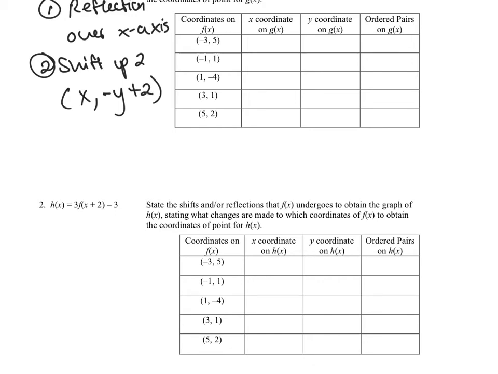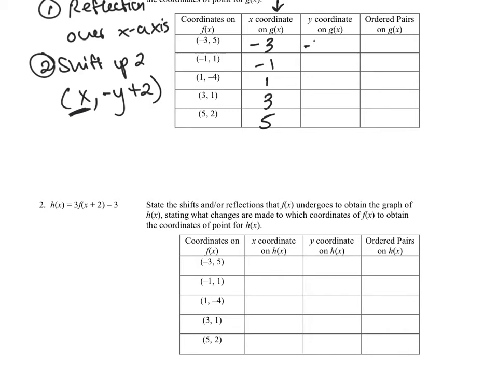Now, the x coordinates, looking at this right here, well, it's still the same for g of x. So all of our x coordinates will be negative 3, negative 1, 1, 3, 5, okay? So nothing changes for our x values. Now, our y values will become negative, and then we will add 2.